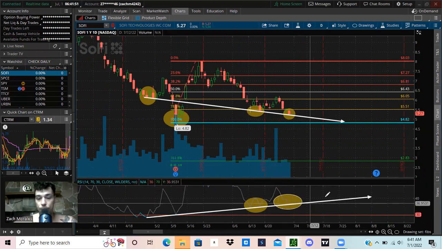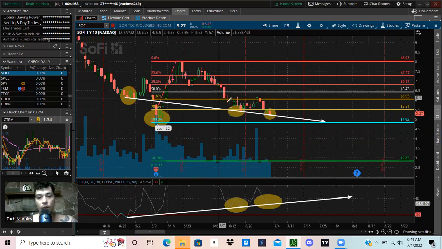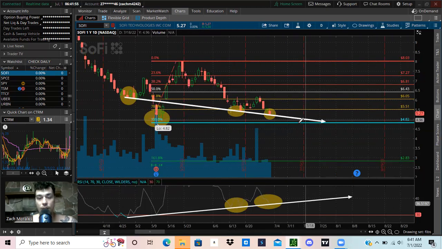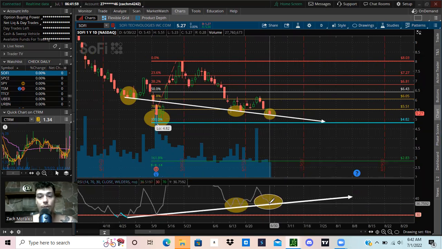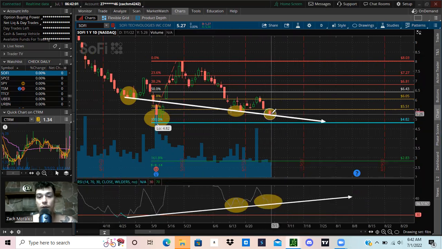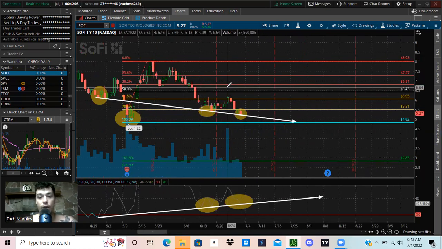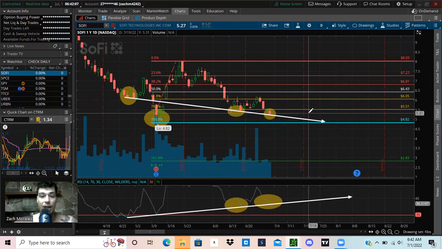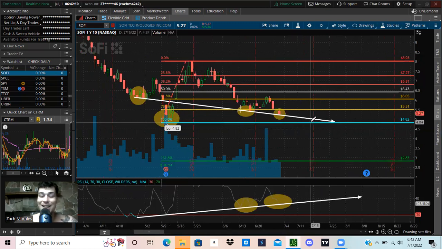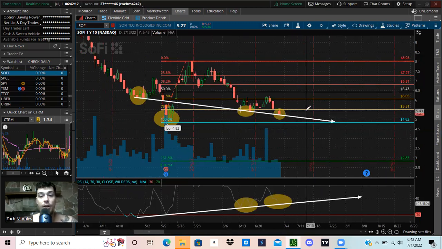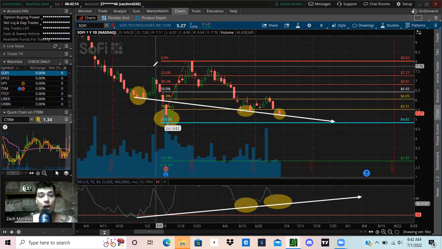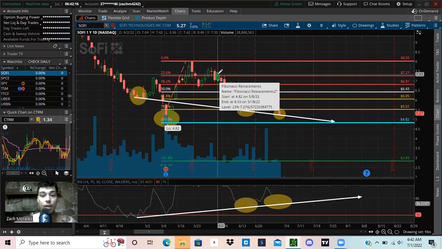Okay, so this is an area, along this trend line here to the downside and along this trend line here to the upside, where you could look to potentially catch a nice little swing trade on SoFi or an intraday trade, however it is. Okay, but again, it's not financial advice, it's not guaranteed. But it is a very good indicator, and it's very nice if you have this in your arsenal.